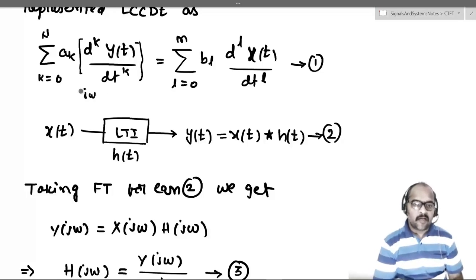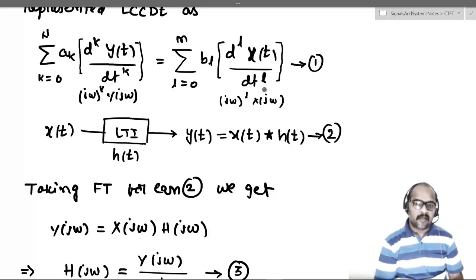Similarly, d^l x(t)/dt^l gives (j omega)^l X(j omega). So that is what we have written there.